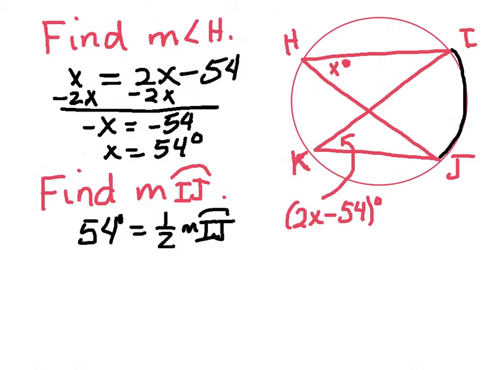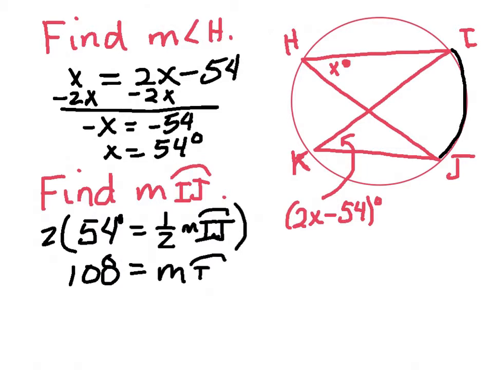I can multiply both sides by 2 to get rid of the fraction. So I get 108 degrees is equal to 2 times 1/2, which is 1, the measure of arc IJ. Now I've solved for both missing pieces.